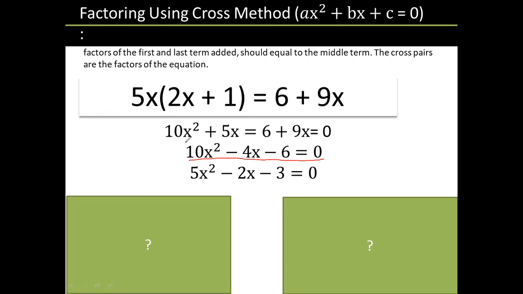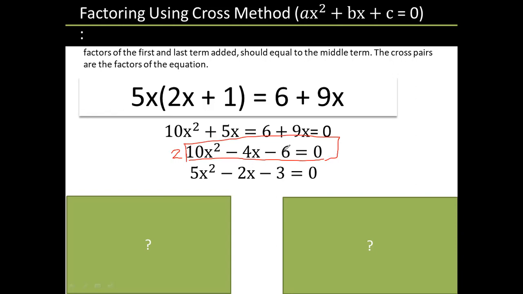But they still have common factors. All right, they still have common factors, which when we simplify them, we can use the common factor of 2. So 10x squared divided by 2 is 5x squared. Negative 4x divided by 2 is negative 2x.